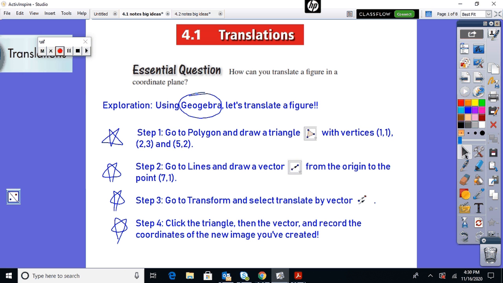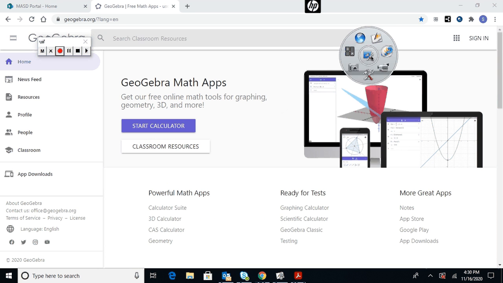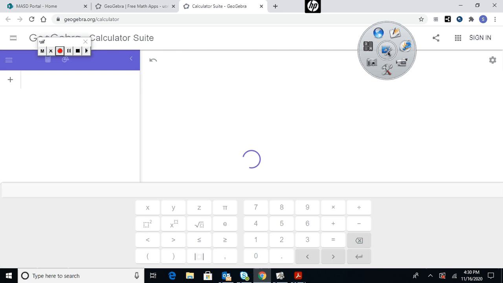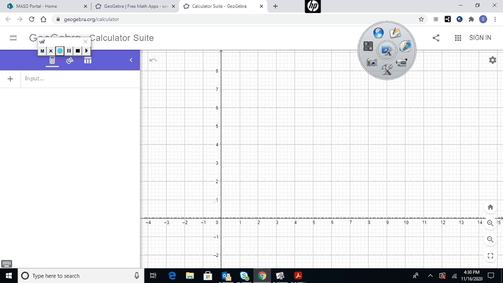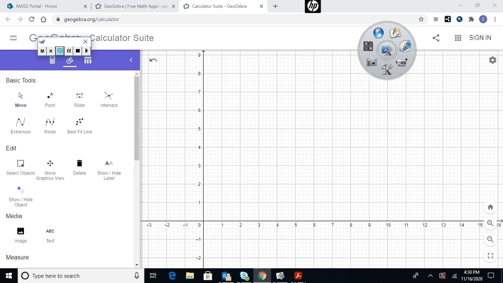So we're going to open up GeoGebra. So here we are. Start your calculator. And this exploration is telling us to go ahead and sketch a polygon.